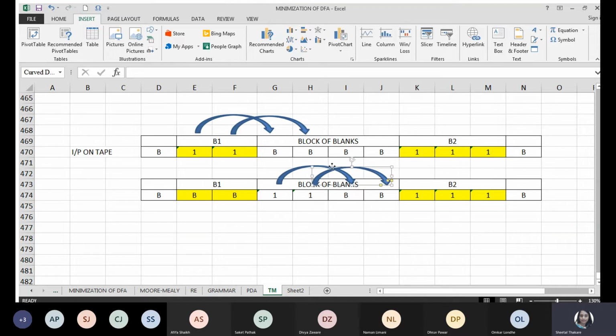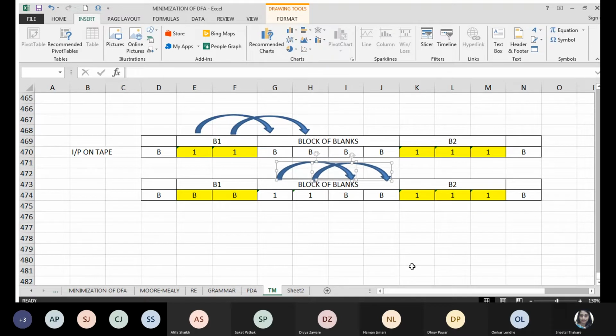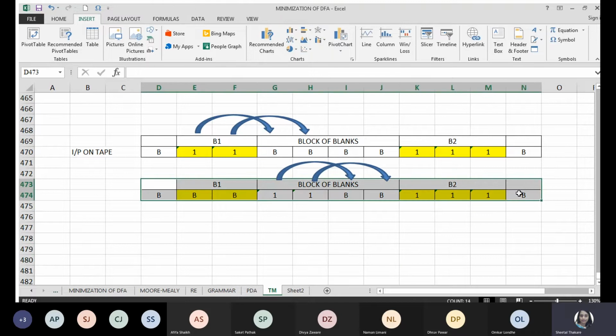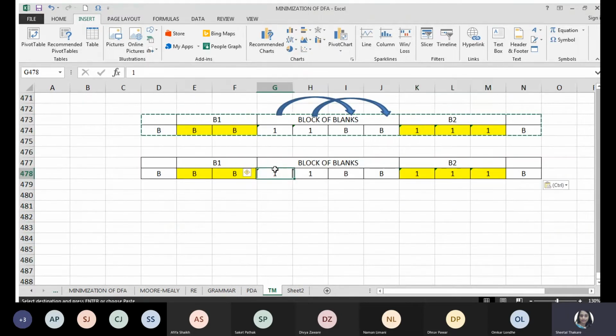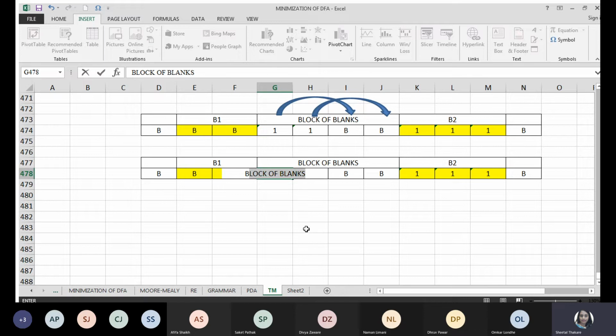For this you are supposed to design the Turing machine. Once you shift it here, what will be the scenario? Pick this one, so B will remain here. This B is placed here.